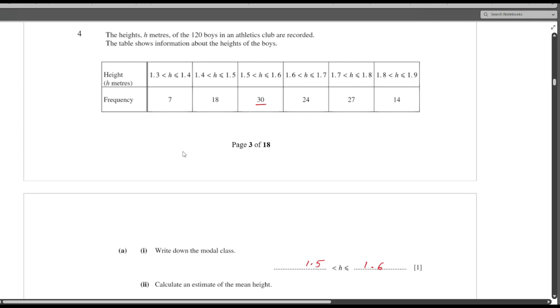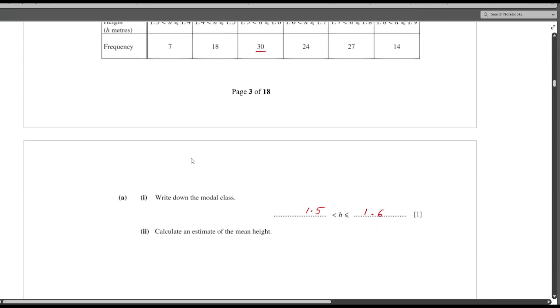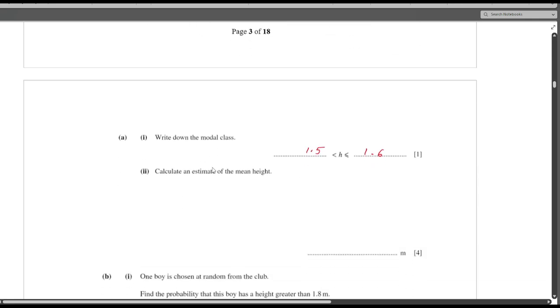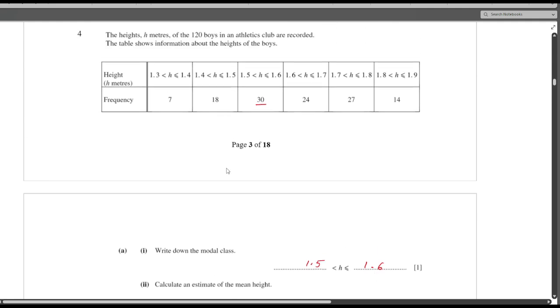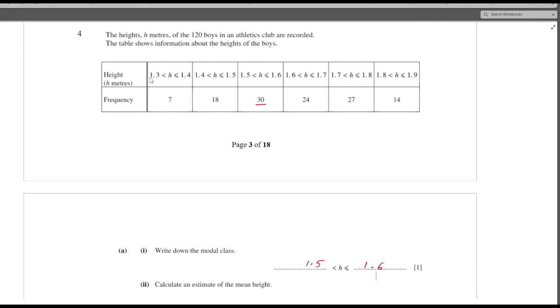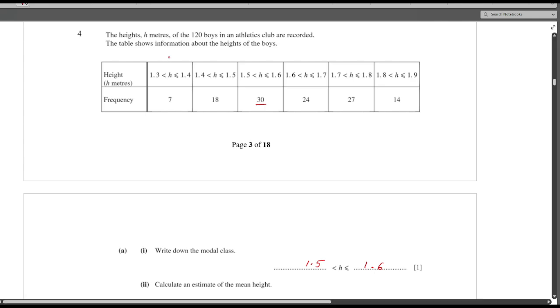The second question is calculate an estimate for the mean height. Now to calculate the mean height, what we do here, we first find out the middle values. So the middle value of 1.3 and 1.4 is 1.35. For 1.4, 1.5 it is 1.45.